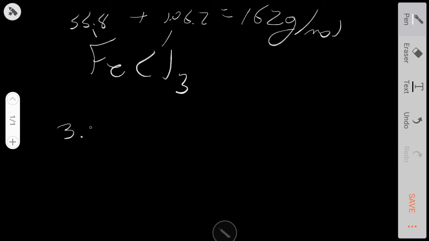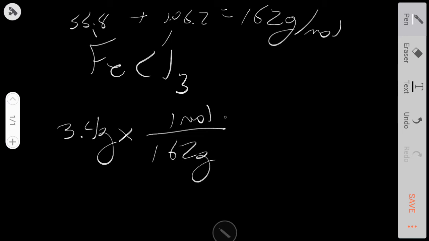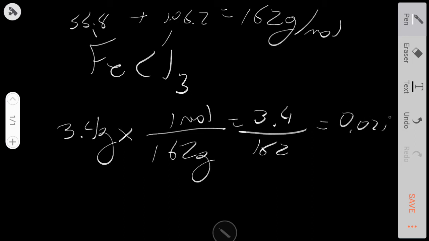I have 3.4 grams of iron chloride times, in 1 mole, I have 162 grams. So that's 3.4 divided by 162, which equals 0.021 moles.